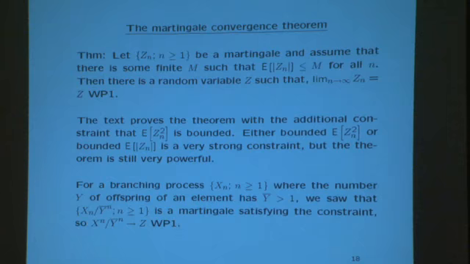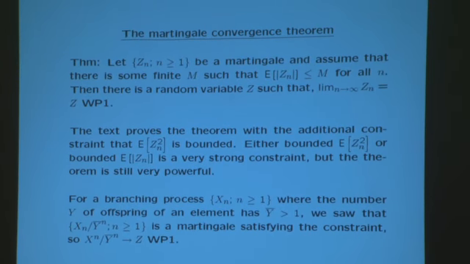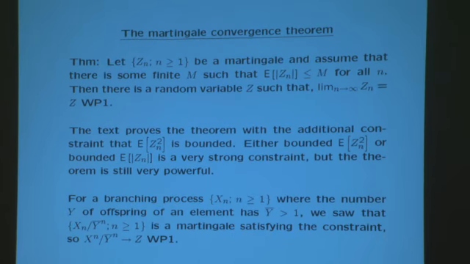Z is usually a very complicated random variable. All this is doing is saying it exists. You don't know what it is, such that the limit as n goes to infinity of z sub n is equal to this random variable. In other words, the limit of z sub n minus z is equal to 0 as n goes to infinity.